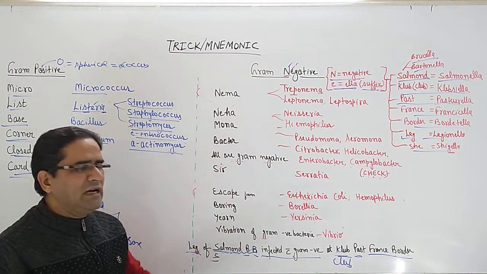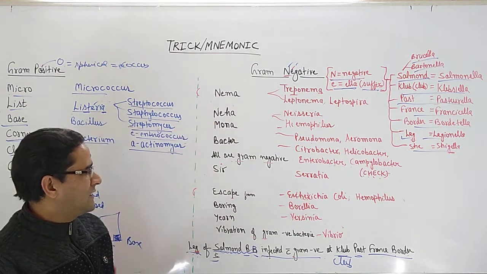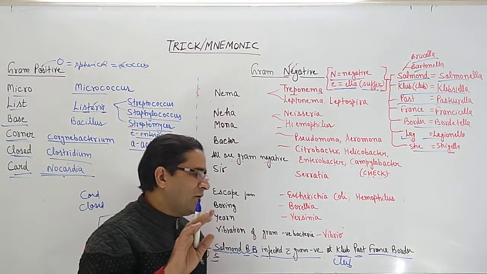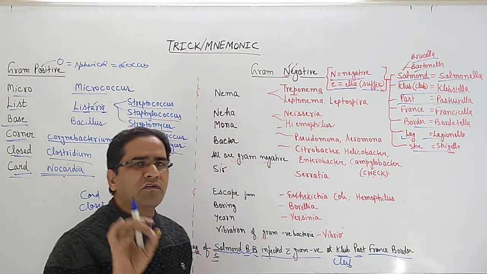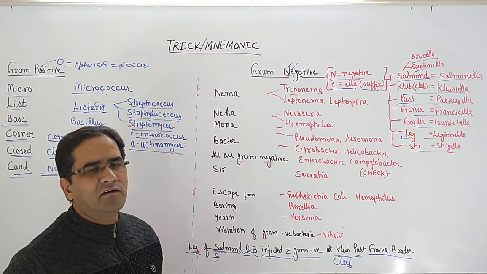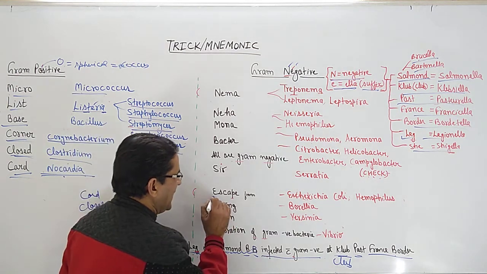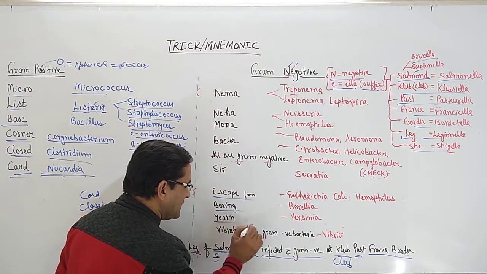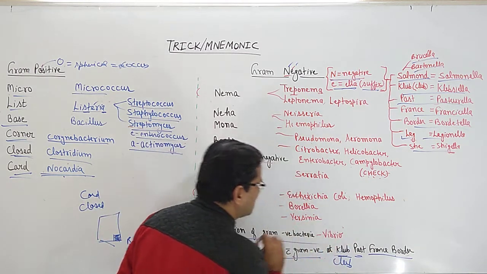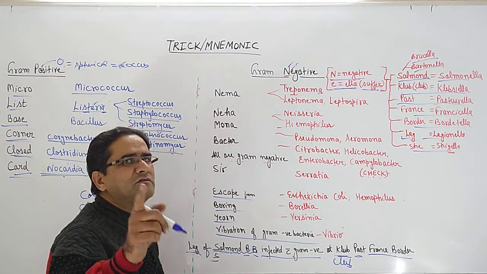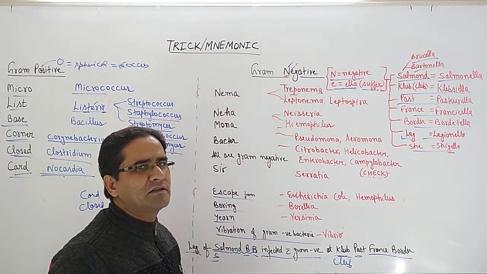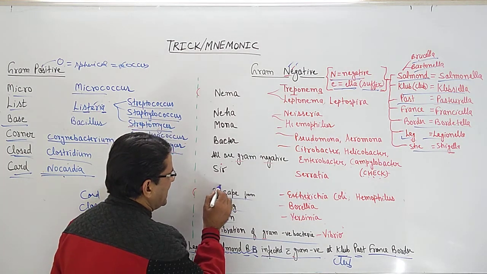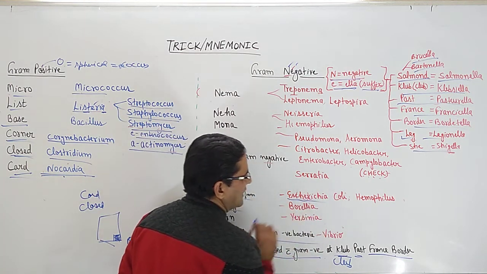Now, the second mnemonic to remember the gram-negative. Escape from boring yarn vibration of gram-negative bacteria. Otherwise you will get infection from gram-negative bacteria. So escape, ES, Escherichia coli.